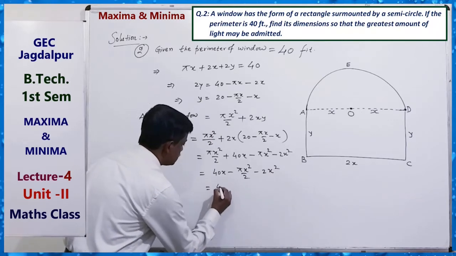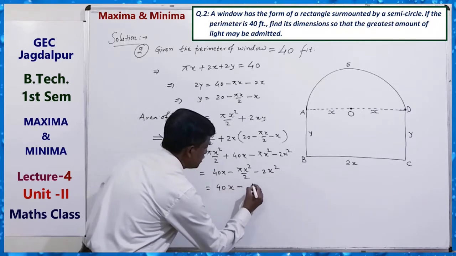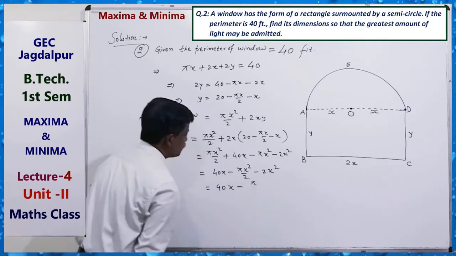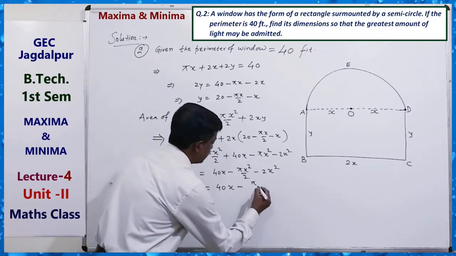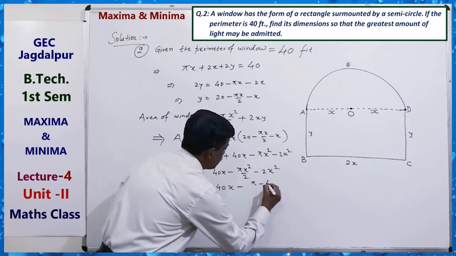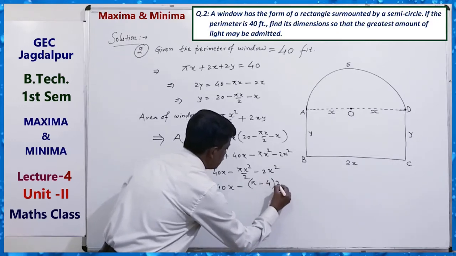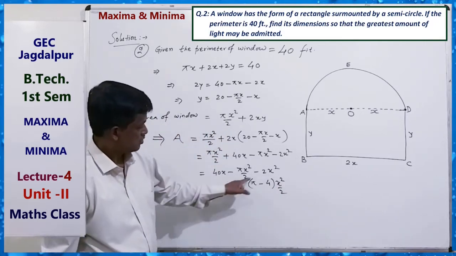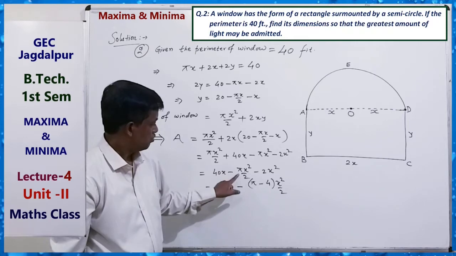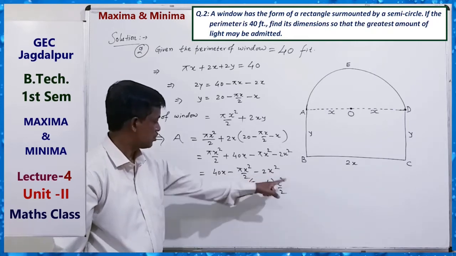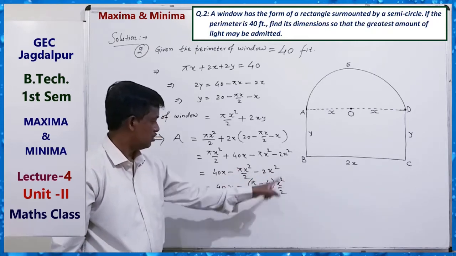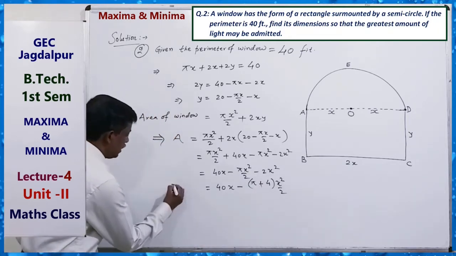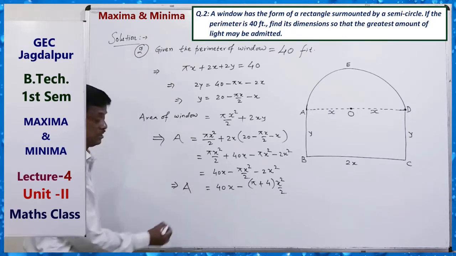We can write it like this: 40x minus (pi plus 4) x square by 2, with x square common, where a plus sign is there. This is A. So this is our function.